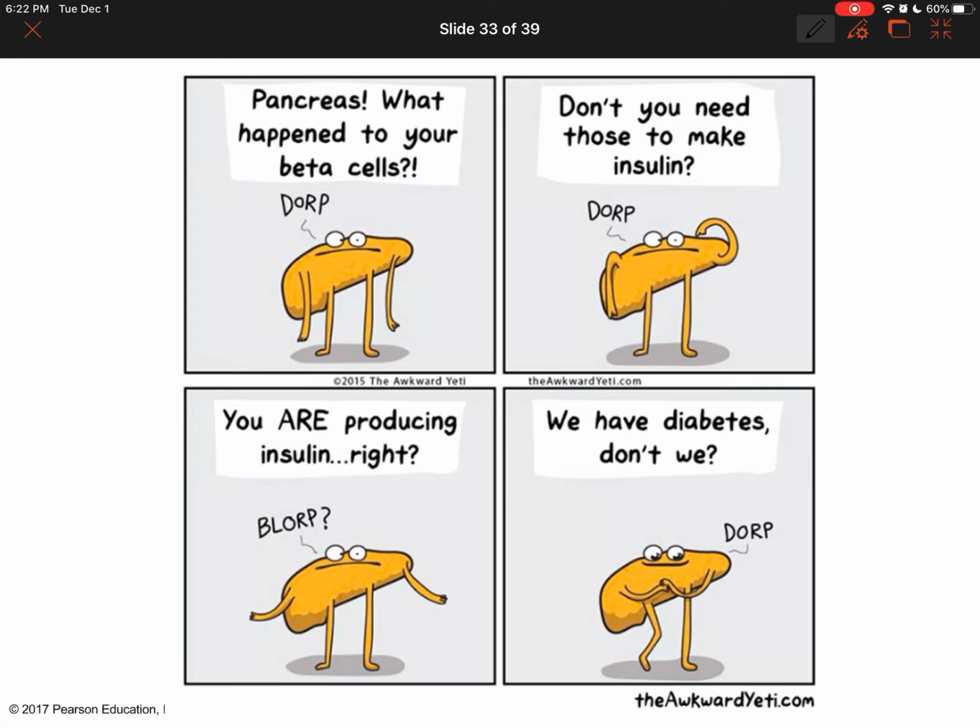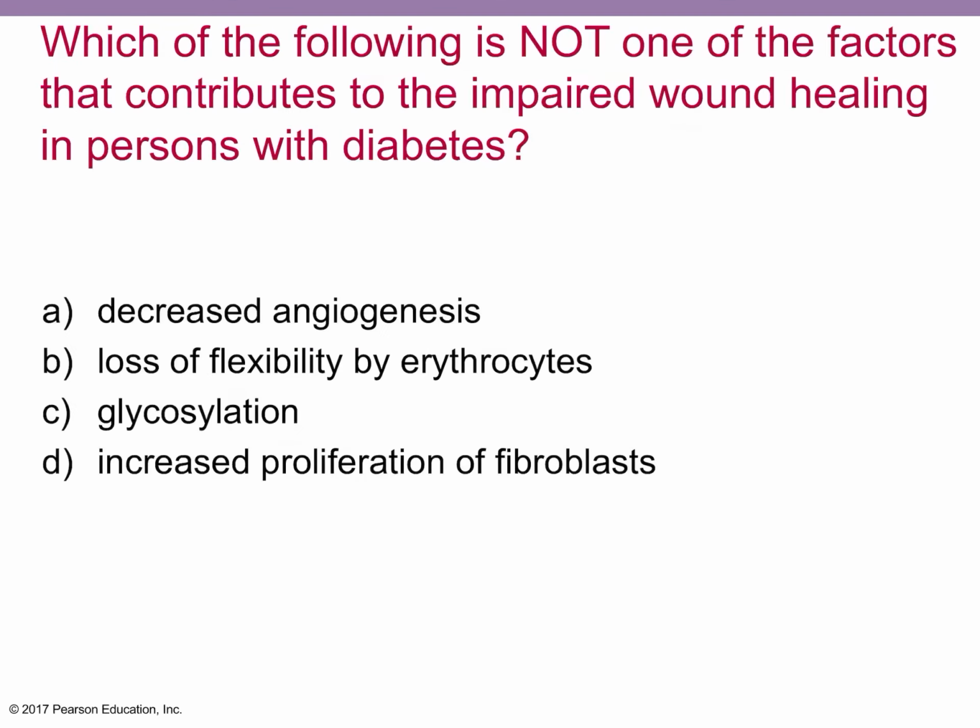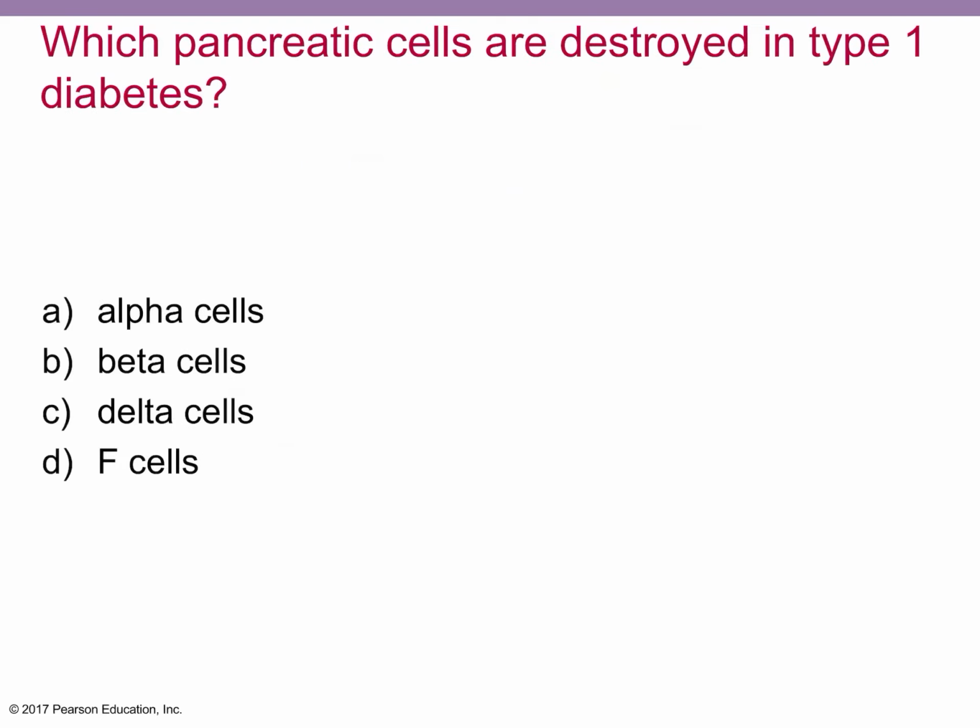So this is just the pancreas, a little cartoon here. All right, which of the following is not one of the factors that contributes to the impaired wound healing in persons with diabetes? The answer is D. We're not going to increase proliferation, we're going to decrease the proliferation of fibroblasts.